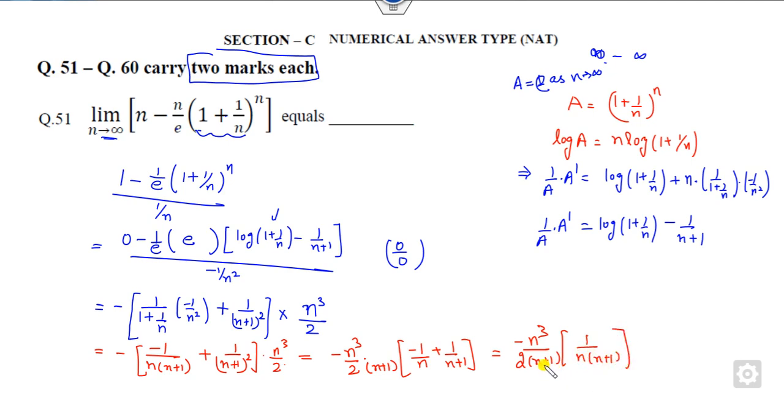So clearly the degree is 3, one n will be cancelled out, so it is minus half n square upon n plus 1 whole square. This limit goes to 1, so the right answer is minus half. That question is a little bit lengthy, but that is part of solving the problem.